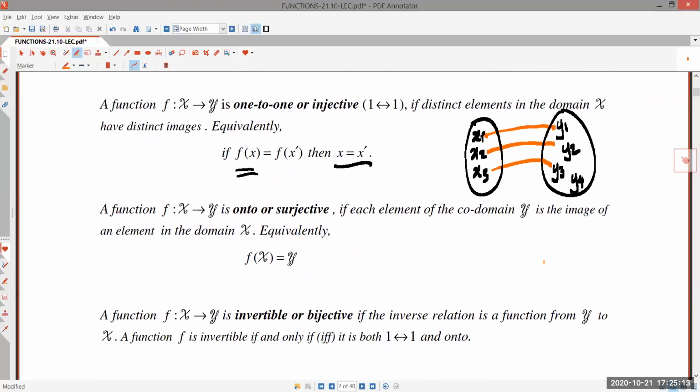A function is onto or surjective if each element of the codomain is the image of an element in the domain. So here it says that it is onto or surjective. Let us draw some others.